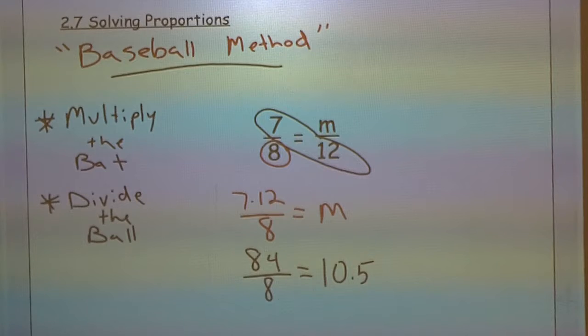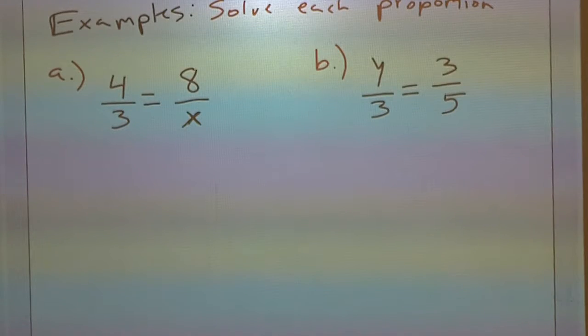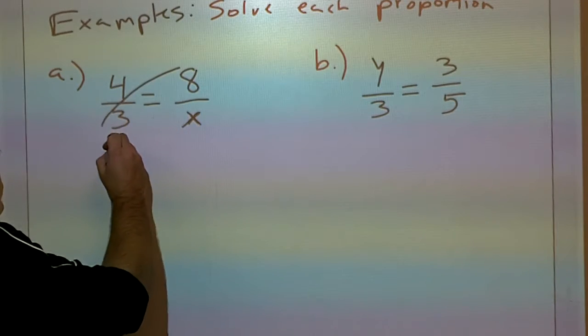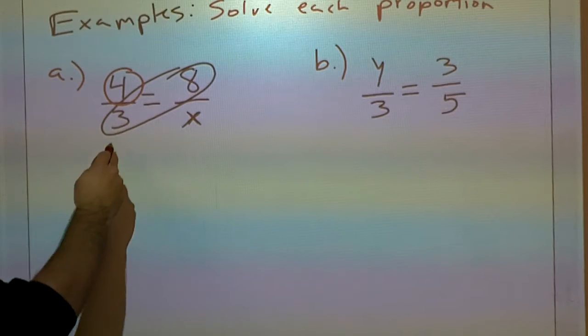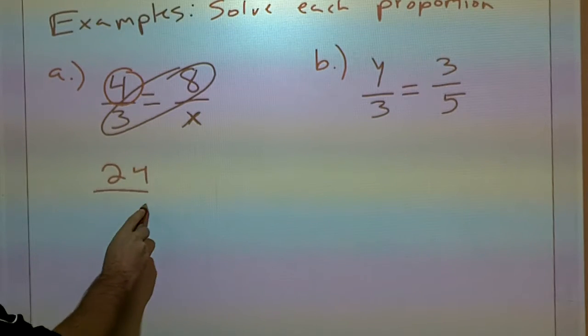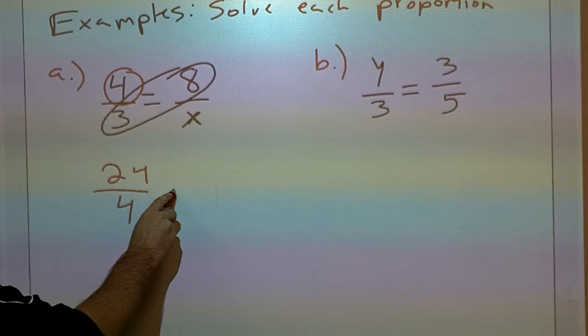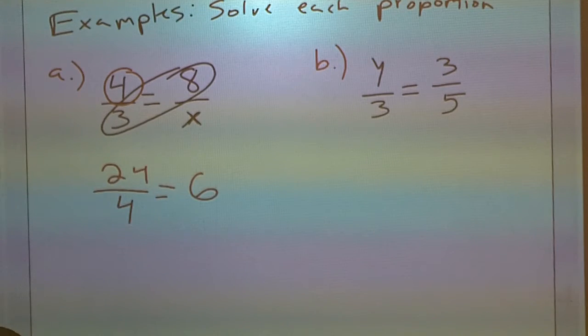Okay, let's take a look at some more examples. 4 over 3 is equal to 8 over x. So again, we multiply the bat, or multiply 8 times 3, and we divide by the ball, or what's left. It's like a baseball bat hitting a ball. 3 times 8 is 24, and we divide by the ball of 4. 24 over 4 is the same as 6.